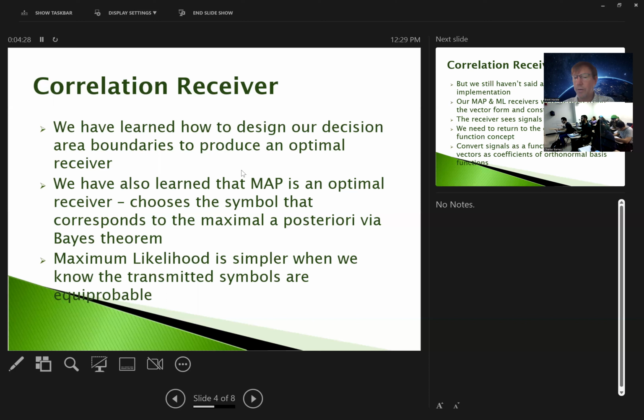Some of y'all recognized that and made note of that on a test, even though we didn't actually test on the MAP and stuff.